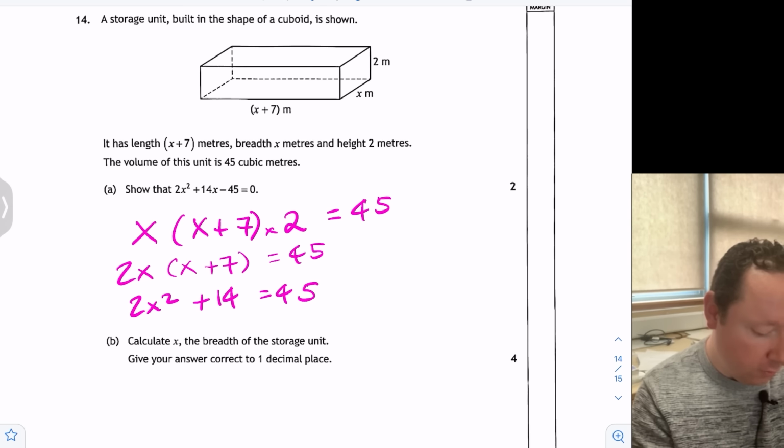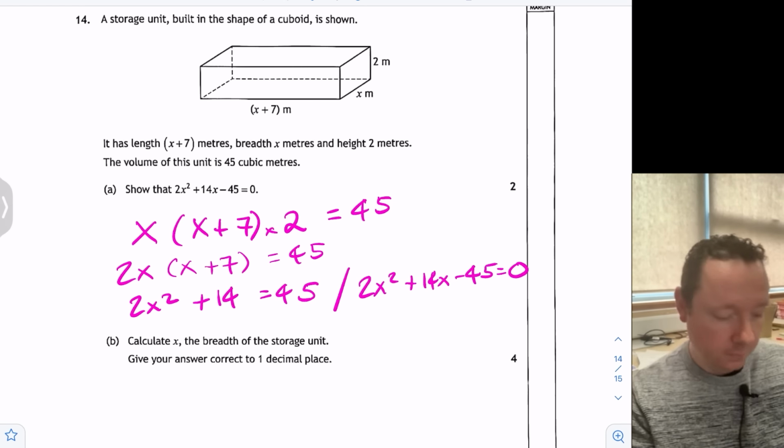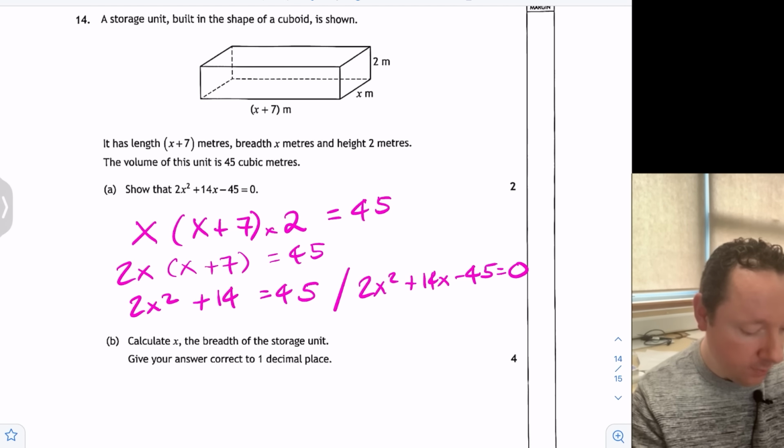Or taking the 45 to the other side, we get 2x squared plus 14x minus 45 equals 0. And we're done there.